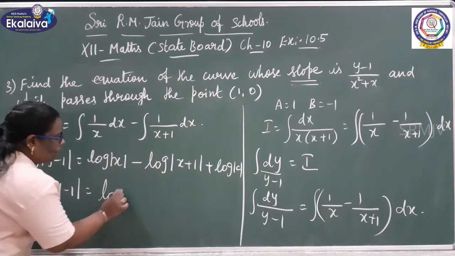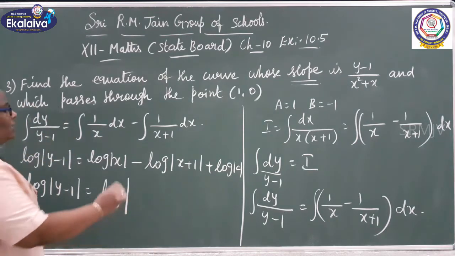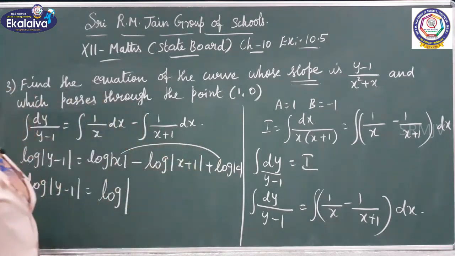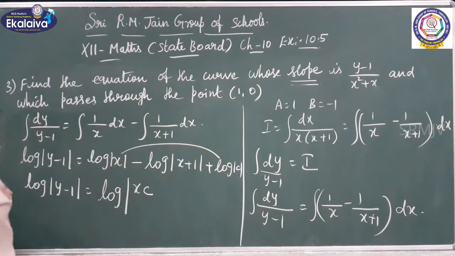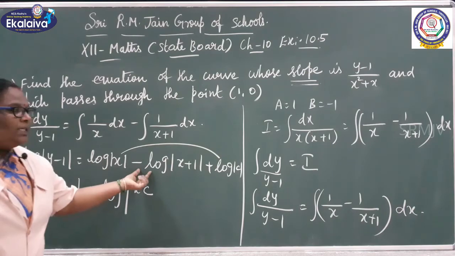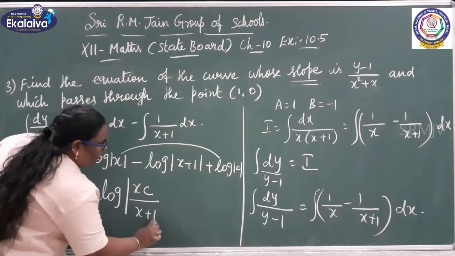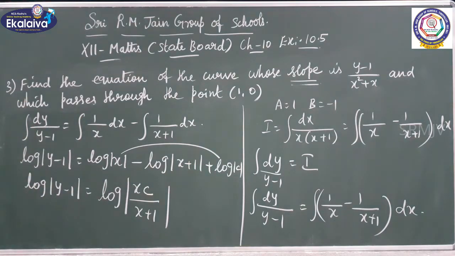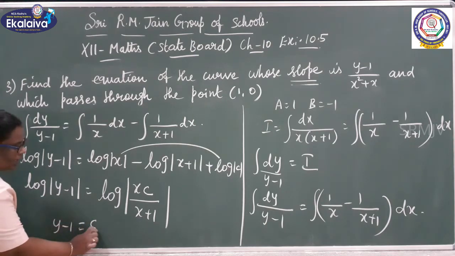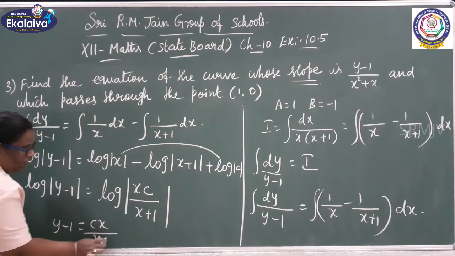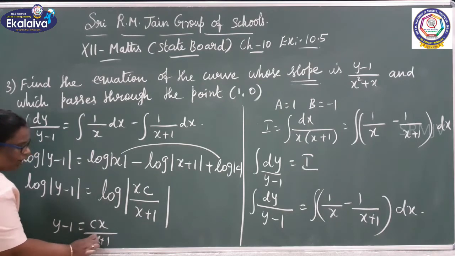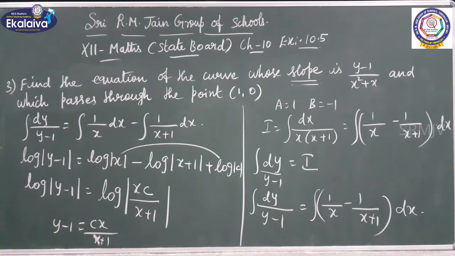Here the two terms are in addition, so write them as the product xc. This term is in subtraction, so write it in division form: log of modulus of xc by (x plus 1). Taking antilog on both sides, y minus 1 equals cx by (x plus 1).